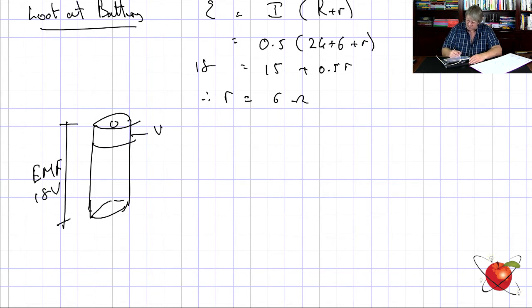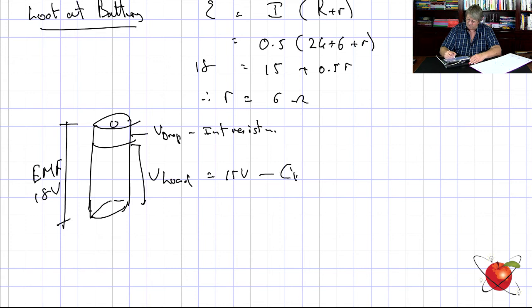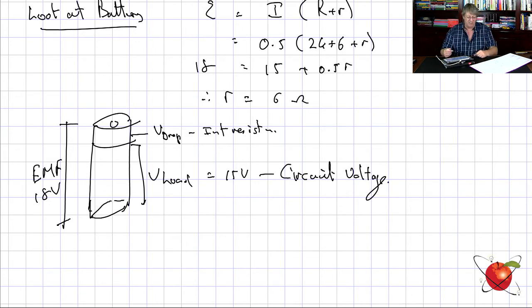This is V, the voltage drop due to internal resistance. This here is V load, which is 15 volts. This is my circuit voltage. In other words, it's what a voltmeter would read when the circuit is closed.